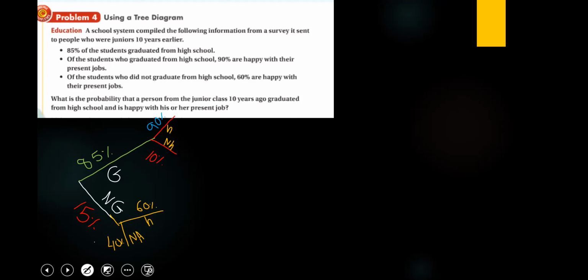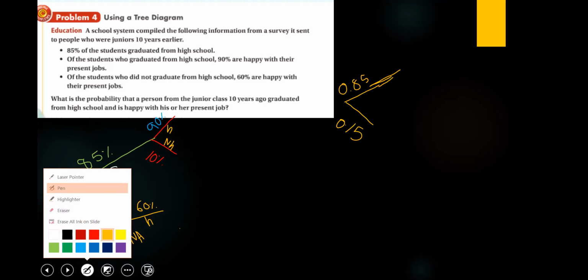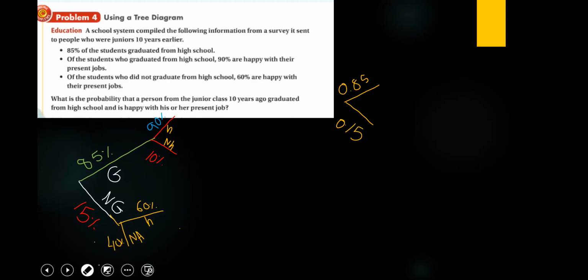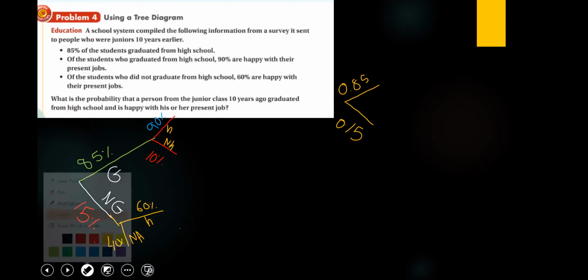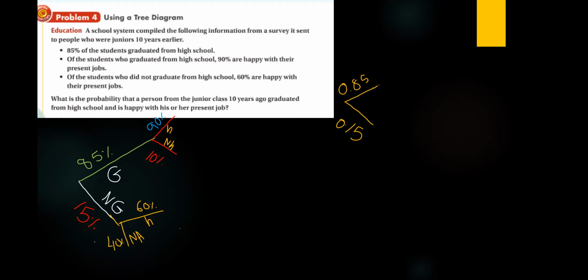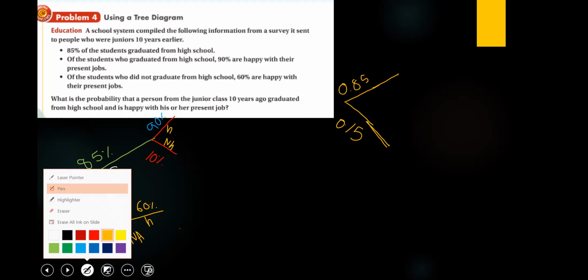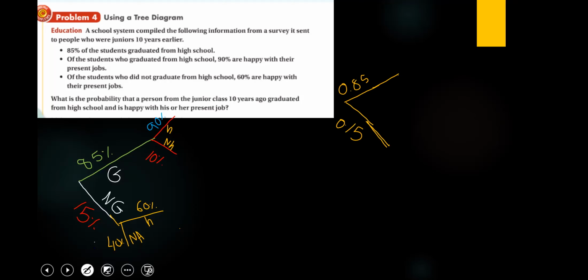Here we have 0.85 and 0.15. These are graduated and these are not graduated.